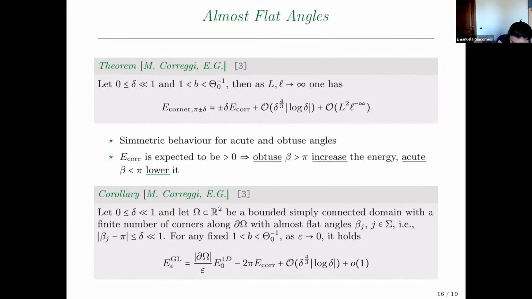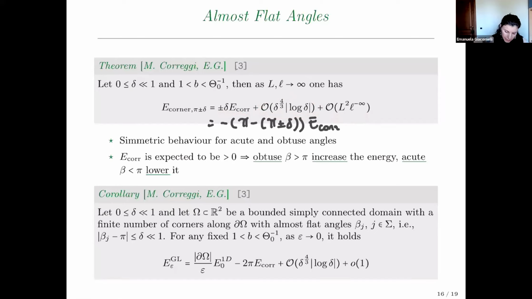This corresponds to saying that we proved, at least to leading order, our conjecture, the one I just wrote. Unfortunately, we are only able to prove that this is the leading order. We still have some errors which depend on delta and on the parameters we use to describe the region close to the corner.